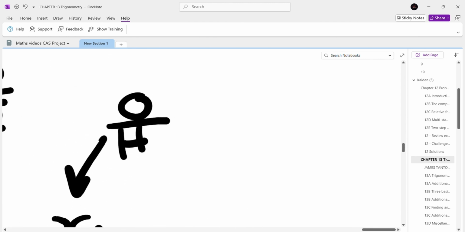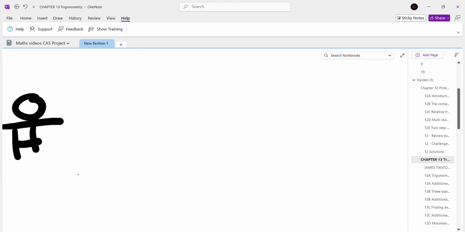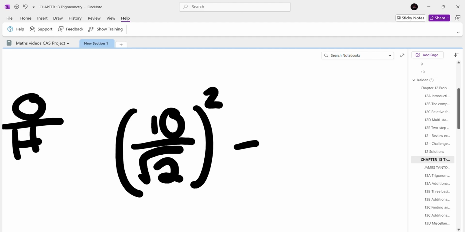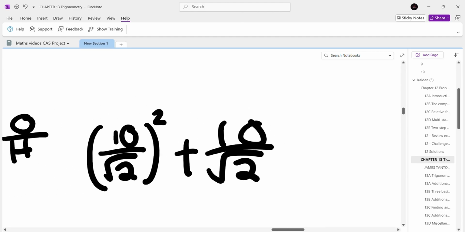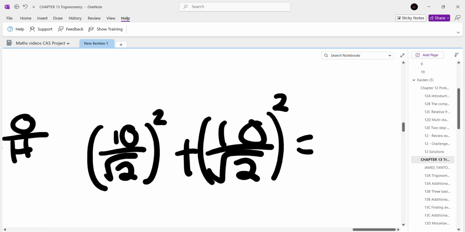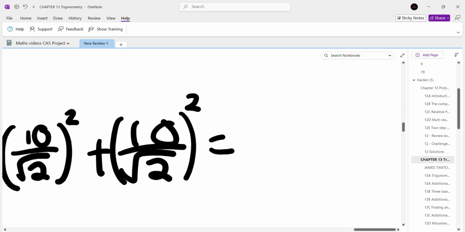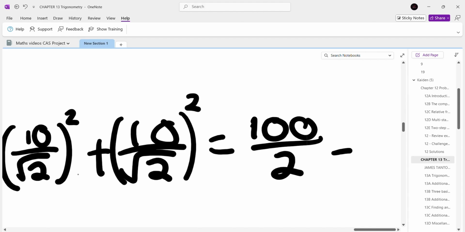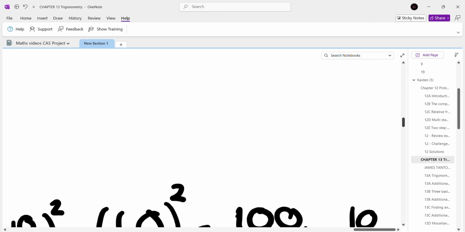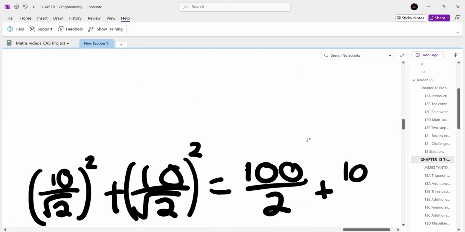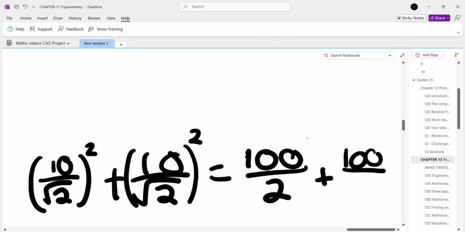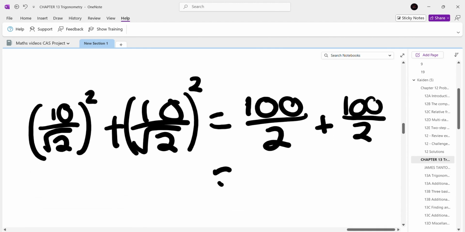We can use Pythagoras to verify that this is correct. 10 over root 2 squared plus 10 over root 2 squared equals 100 over 2 plus 100 over 2, which is 50 plus 50, which equals 100.